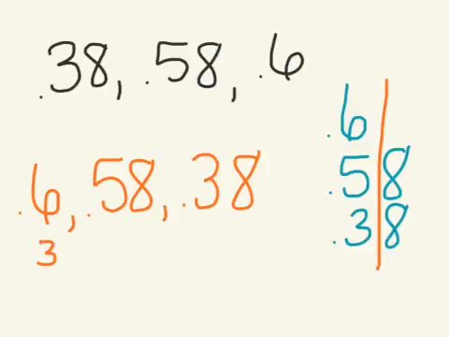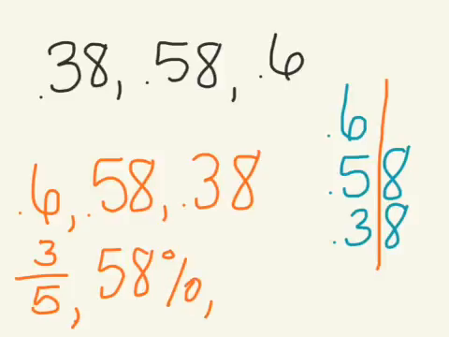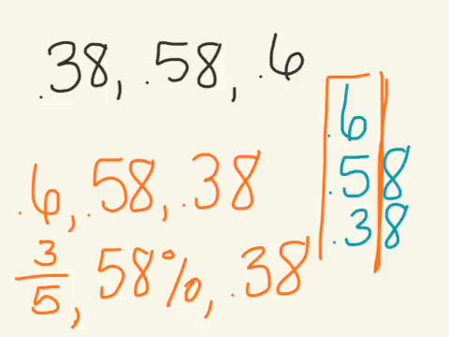So it's actually going to be 3/5 first, then our 58%, and then our 0.38. But if we had numerous numbers with the same number in the tenths place value, that is where lining them up vertically would help.